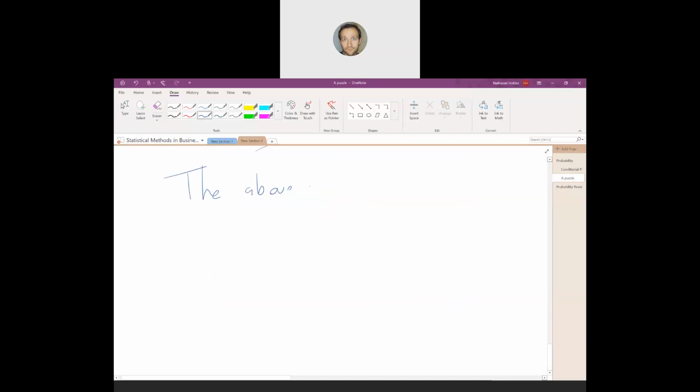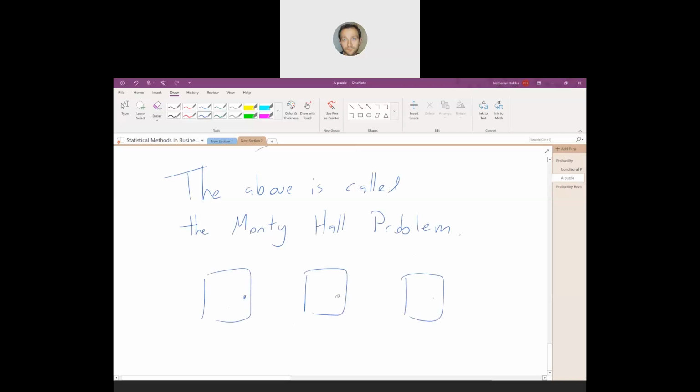The above is called the Monty Hall problem. There used to be a game show where you choose a door with money behind it. Behind one of them is $1 million, and behind the others are goats.